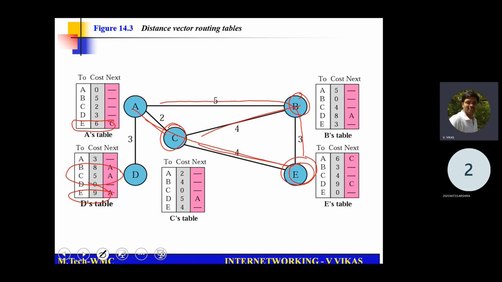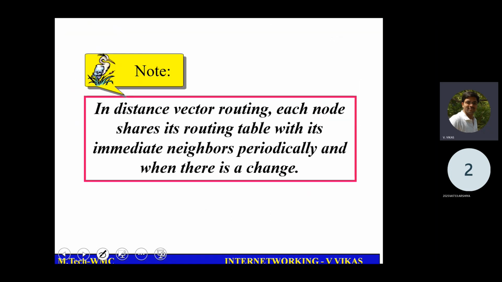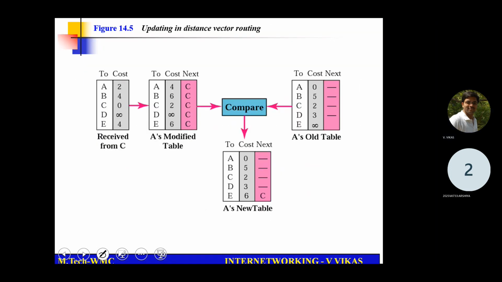In case the distance is the same, what are we going to do? This is about how we are going to update the entries. Whenever we receive some information, how are we going to update the entries? If I don't know about that path, what am I doing? If I know and the value is less, what are we going to do?